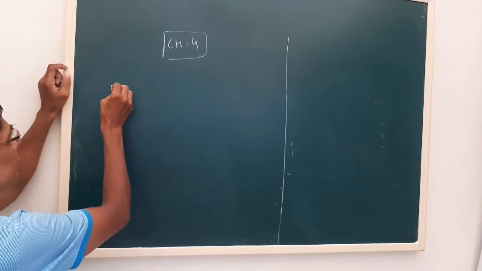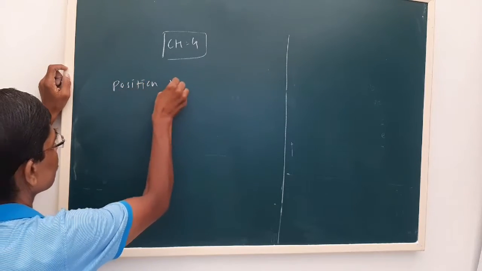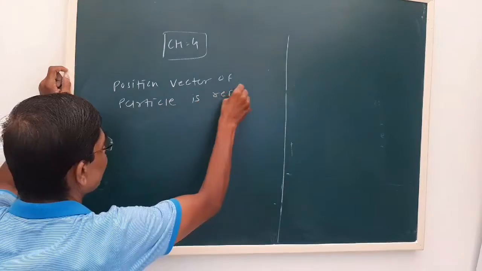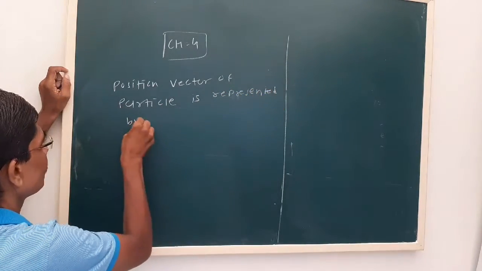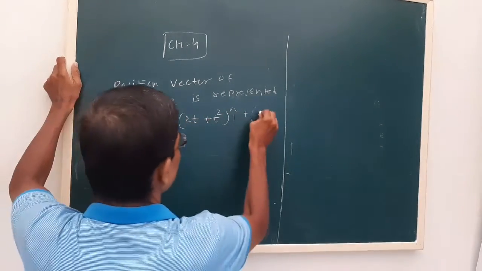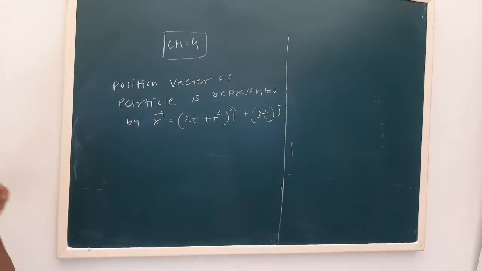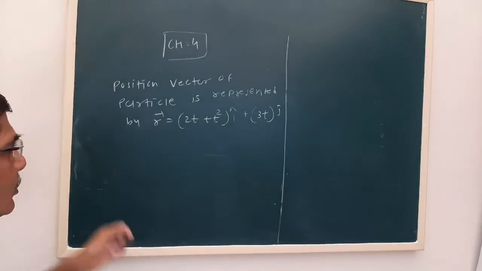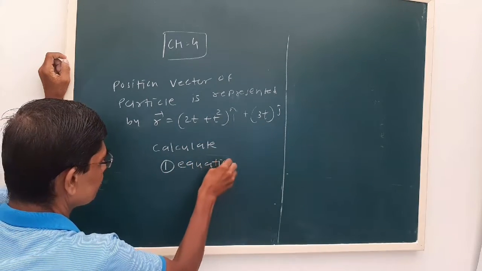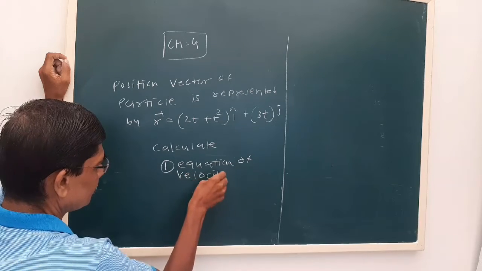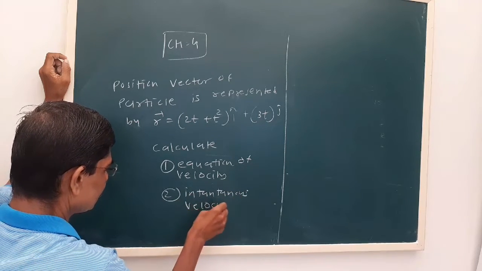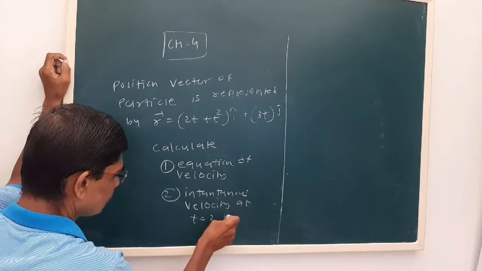Let us say the position vector of a particle is represented by the given formula. Calculate the equation for velocity and the instantaneous velocity at 2 seconds.